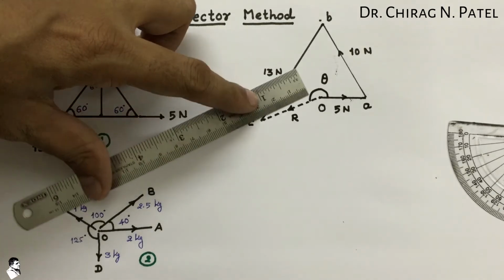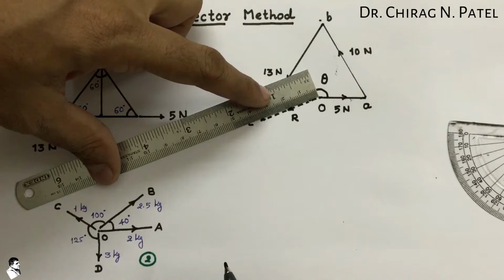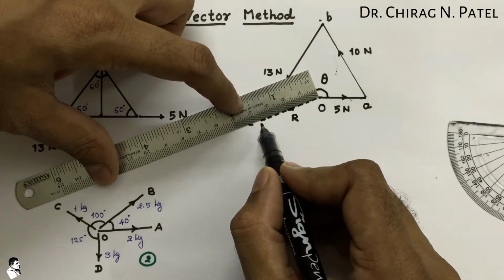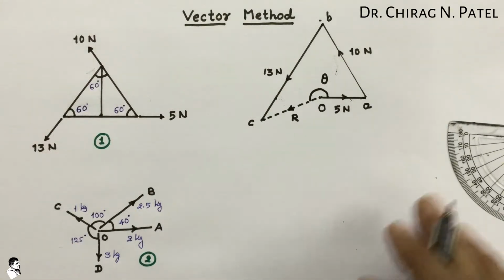And if we measure the magnitude of the resultant in terms of the selected scale, it is exactly 3.5 centimeter, so we can say double of that.